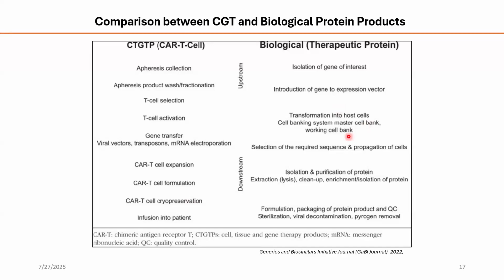Then you do a selection of the required sequence and propagation of cells, and then you go for the downstream where you isolate, purify, extract, then you enrich or isolate the protein of interest, and then you do the formulation, packaging, quality control, sterilization, viral decontamination, and pyrogen removal for the final product to be released.